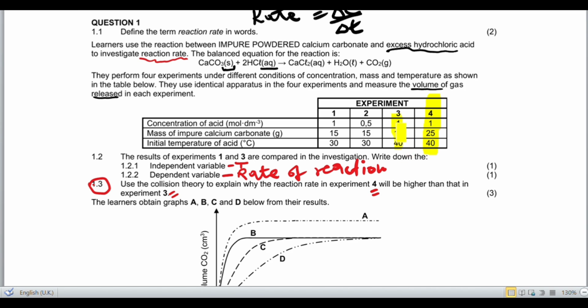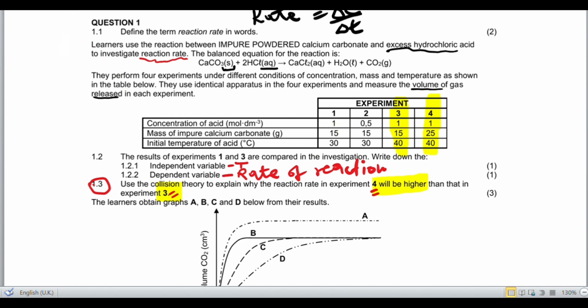So we are comparing these experiments. Use the collision theory to explain why the rate of reaction in experiment 4 is higher than 3. So ifocus yethu iphaa ku-4 naku-3.